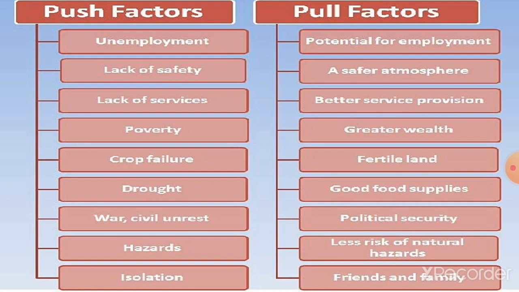Many hospitals are present in the city area. Then fertile land, good food supplies, political security, less risk of natural hazards, friends and family. So these are the pull factors, that is, the factors which attract the people who settle in certain areas.